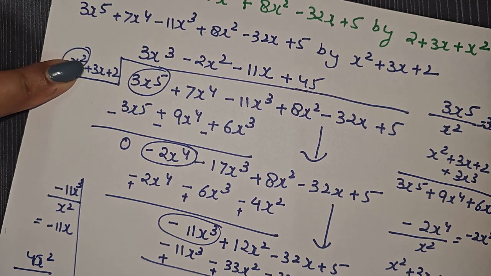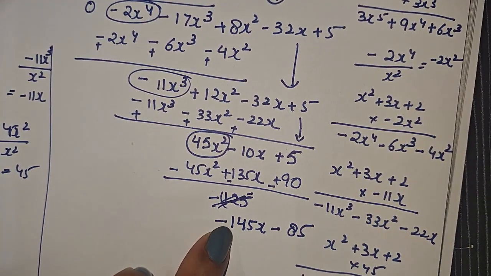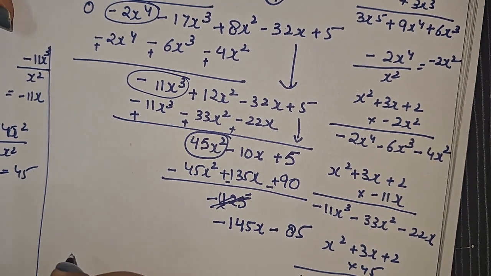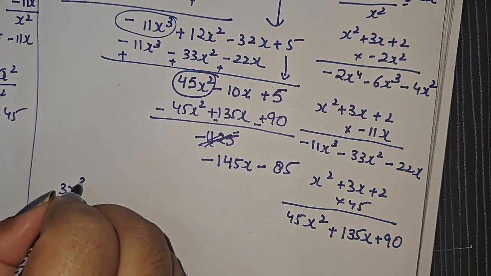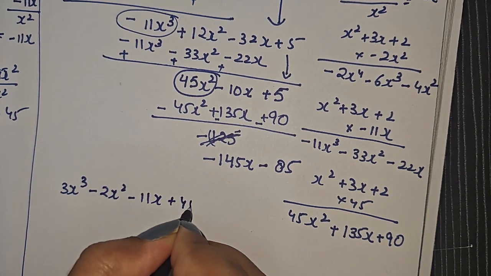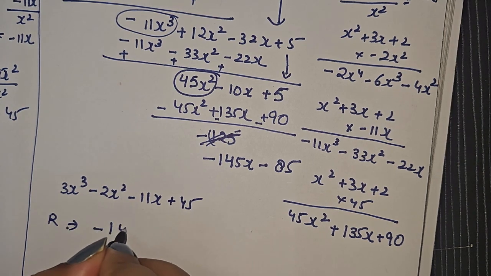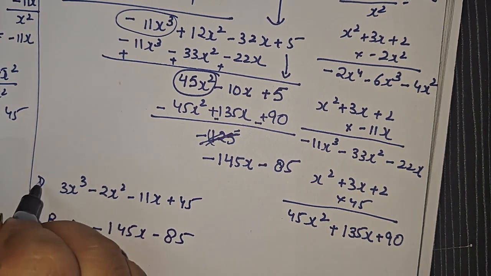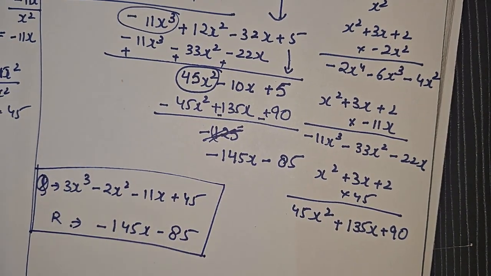Since the power of the remainder is smaller than that of the divisor, we will not solve it further. So this is your answer. Our quotient is 3x to the power 3 minus 2x square minus 11x plus 45, and our remainder is minus 145x minus 85. Sorry, quotient is this. So this is your final answer.